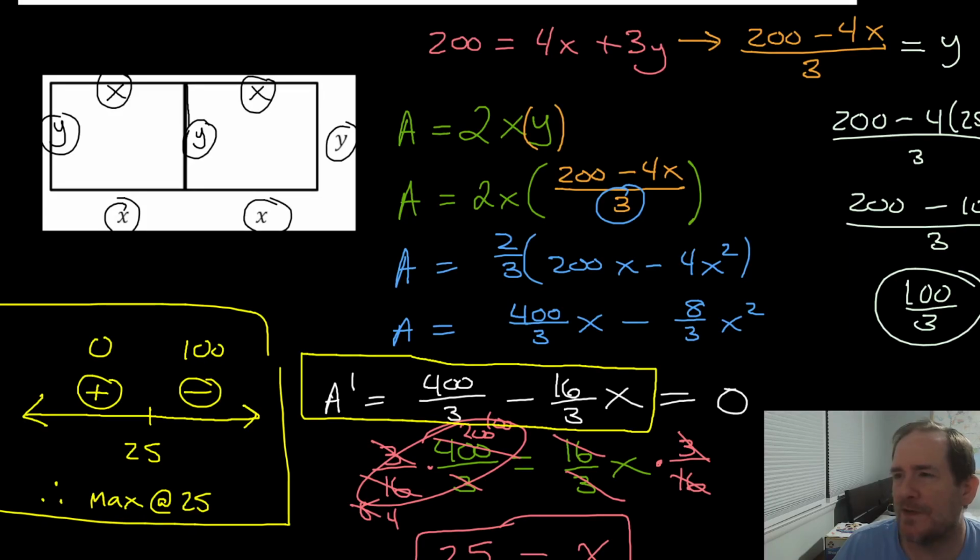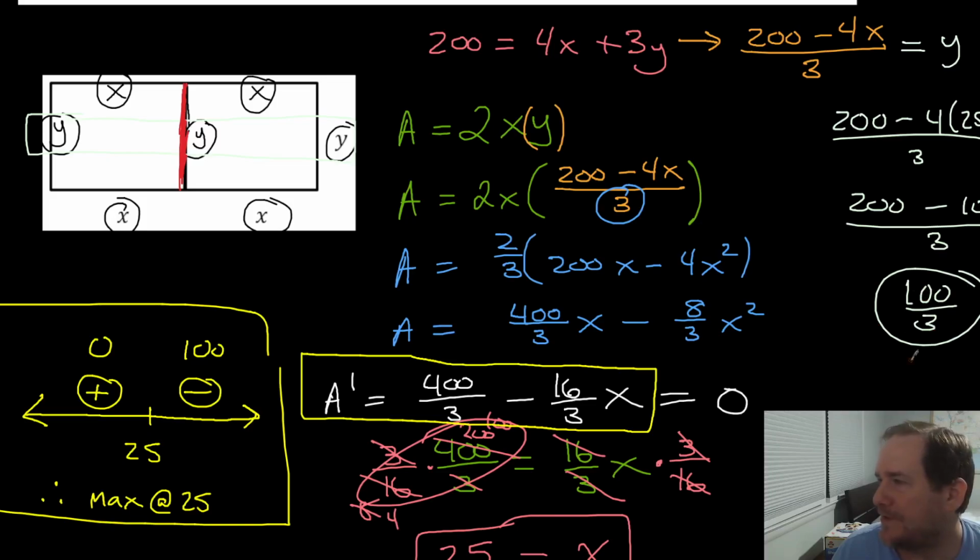Again, I want to word this just right, because if we just said 25 by 100 thirds, then which dimension is which? Which dimension is which here does matter, right? So I think the way I framed it on the answer key was to say that the shared wall should be 100 thirds, and then that made it clear which dimension was which. So the wall that they share should be 100 thirds.